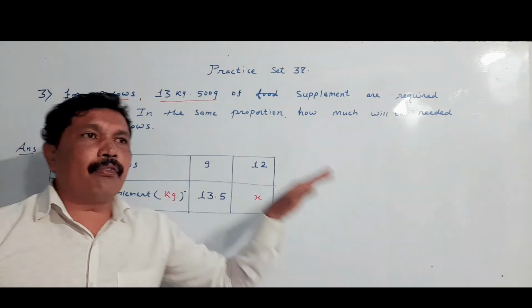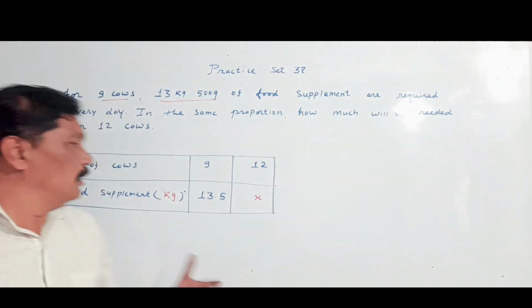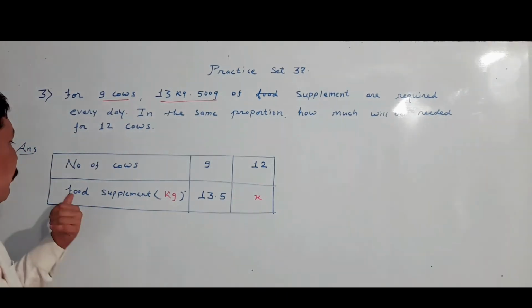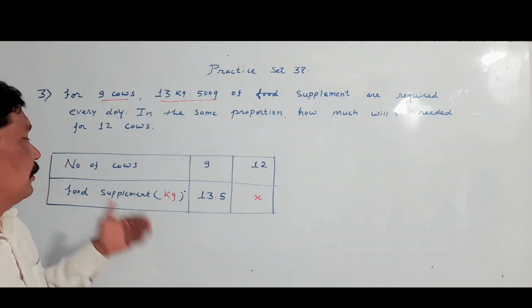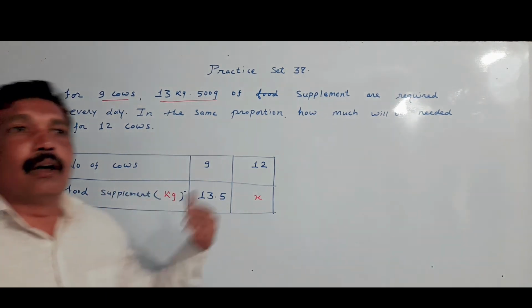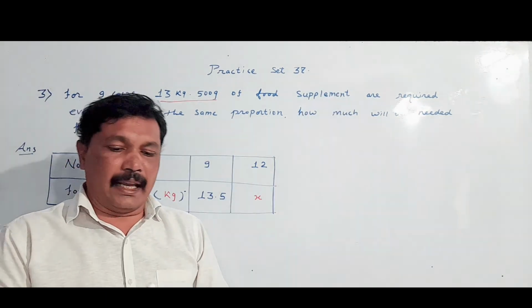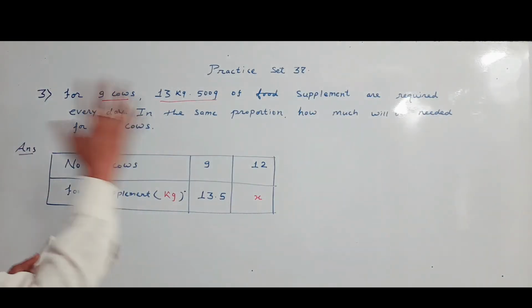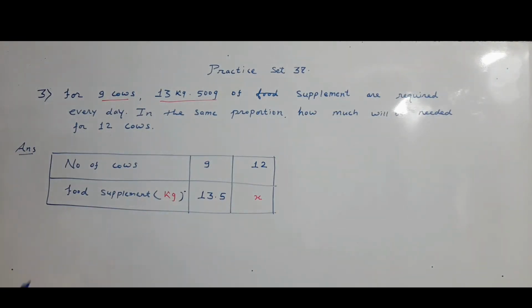Here the number of cows is increasing, therefore the kg of food supplement will also increase. So this is an example of direct proportion.